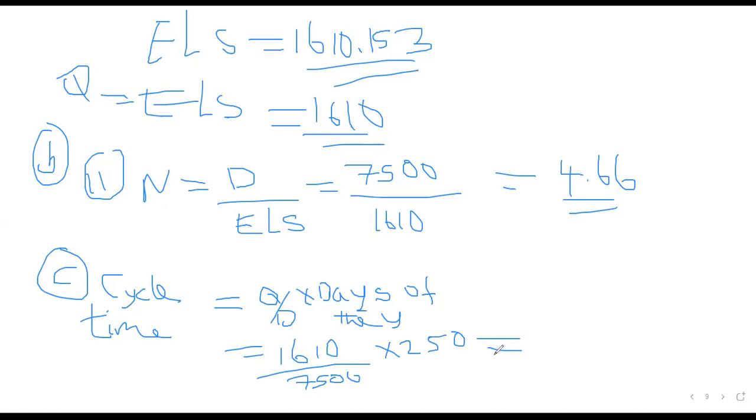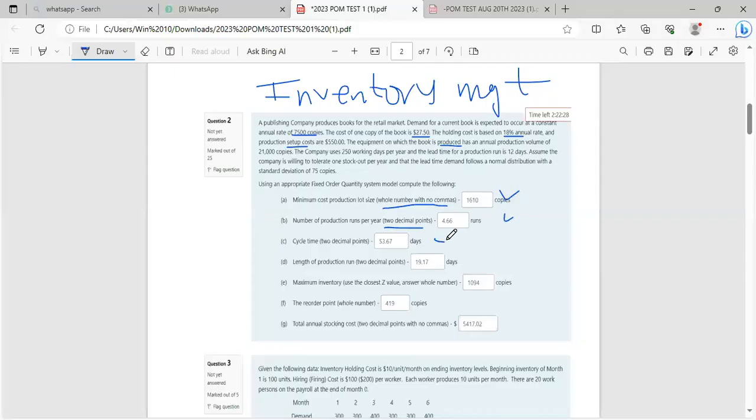So 1610 divided by 7,500 times 250 is 53.67. So this is what we have.